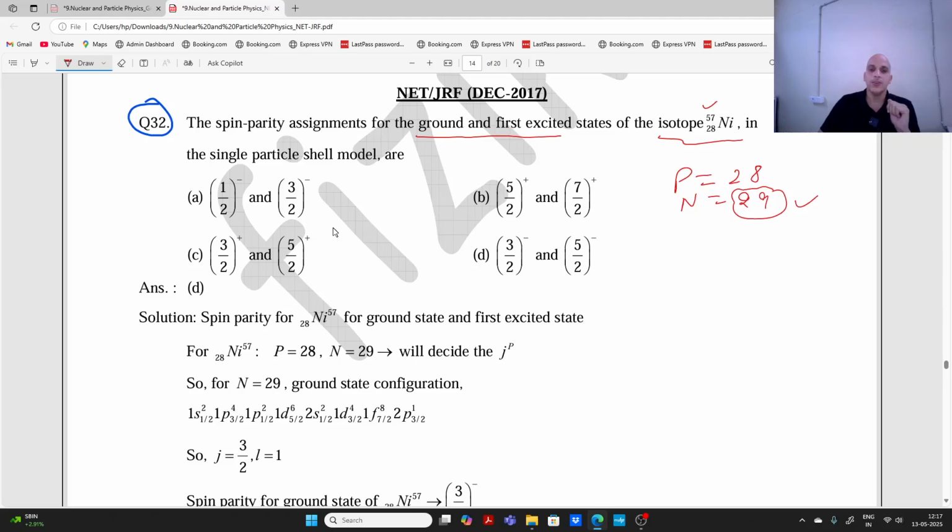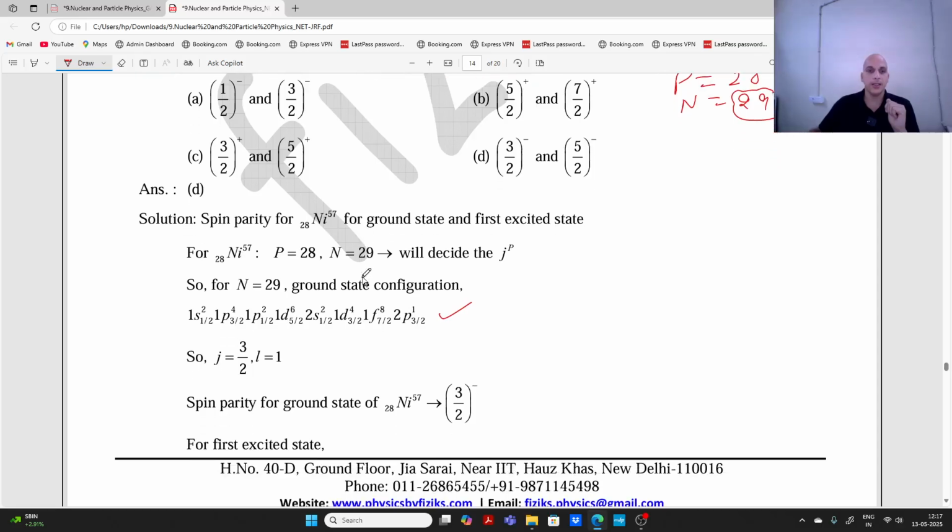Configuration, same thing, I am not repeating it again and again. It is clear that the last neutron is going in this cell. So J is equal to 3/2 and L is equal to 1. So parity is minus 1 power 1, negative. So this is the ground state spin and parity.